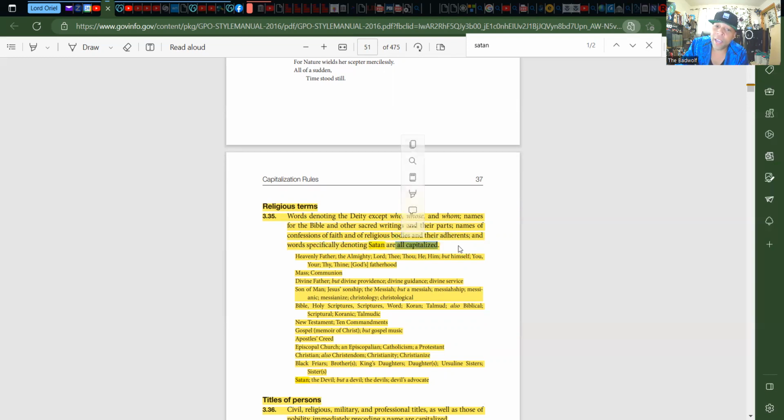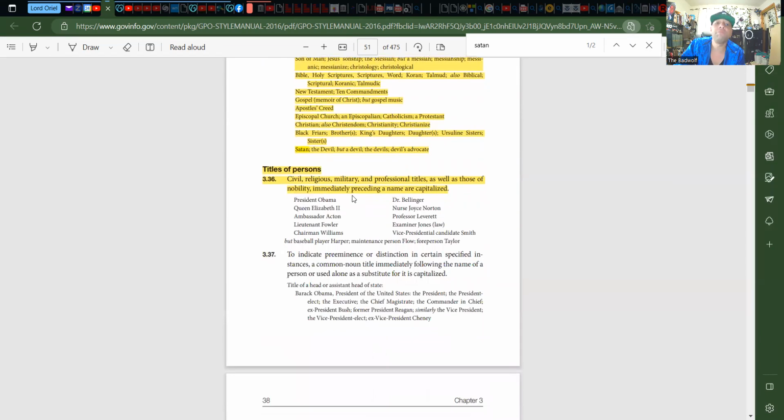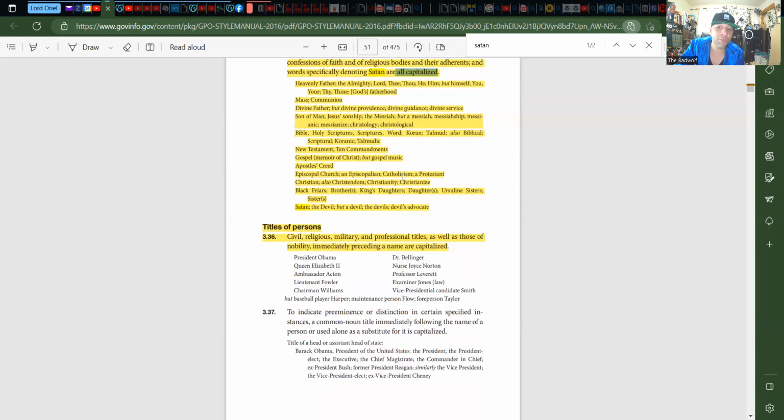So there is a distinction with the all capitalized. And here it says it denotes Satan. Even though the federal GPO is pointing out religious terms and this could be more towards the Bible's use, it still denotes that all capitalized means something different.